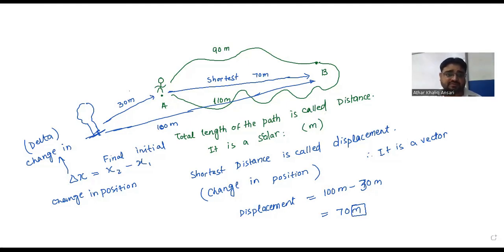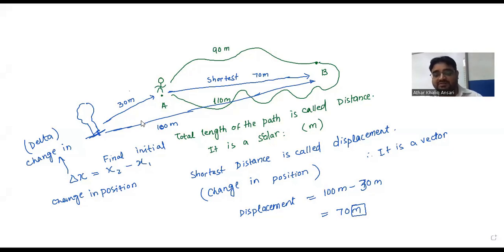Suppose the question is: someone is moving to the east for 70 meters, and then he gets back 30 meters.